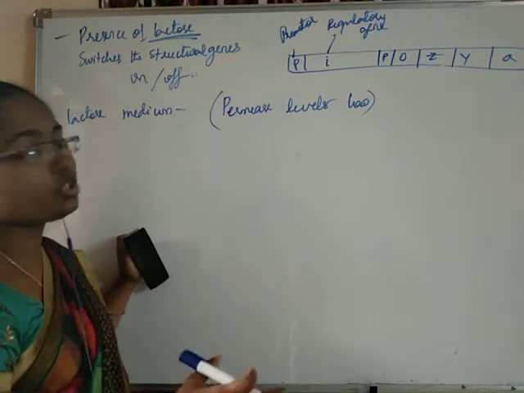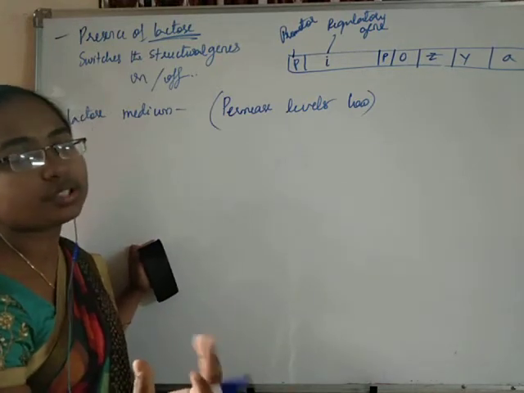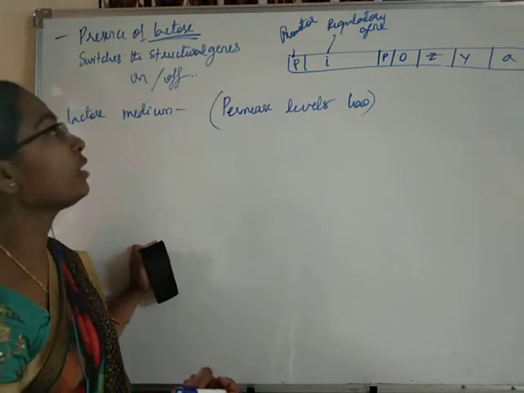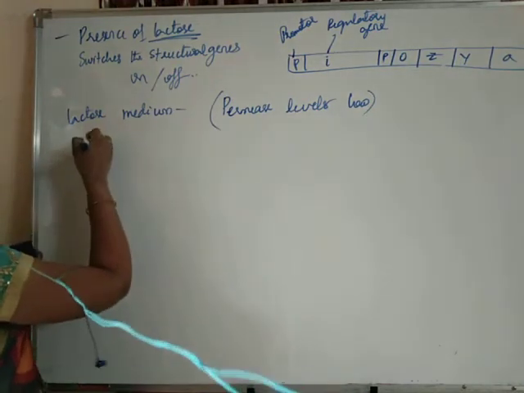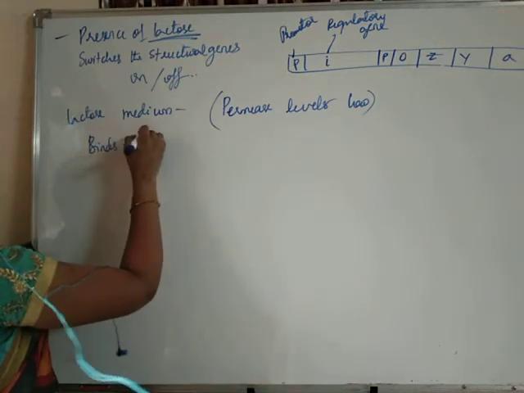Under these conditions, when it is growing in the lactose medium and no other source of glucose is available, it is going to take lactose from the medium and try to grow on it. When lactose is taken into the cell, it binds with the repressor.